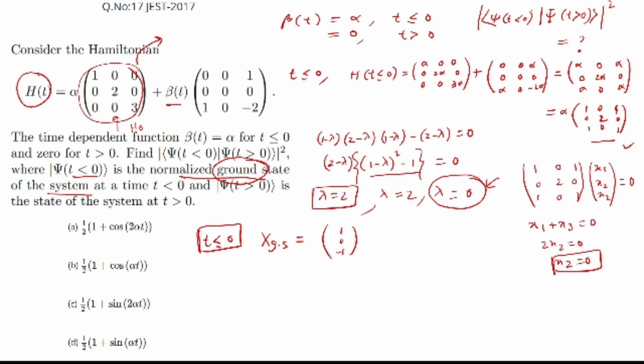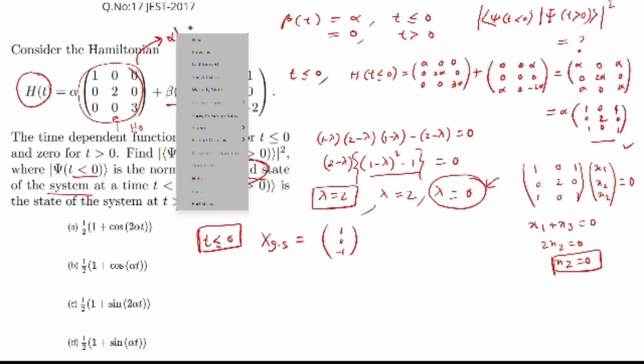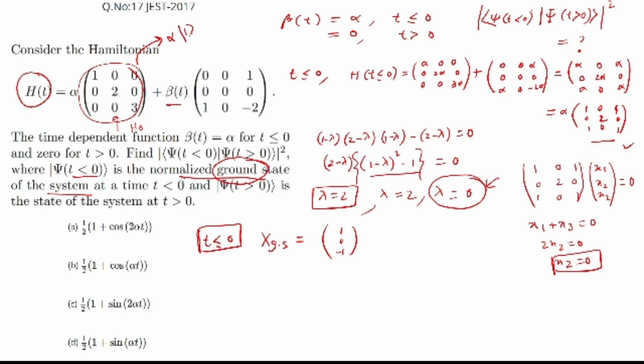Now this can be written as alpha times the 1 0 0 state, let's call it k1, then 2 alpha times the 0 1 0 state, k2, and the third state is 0 0 1, so 3 alpha times k3. So this is the basis for the t greater than 0 case.